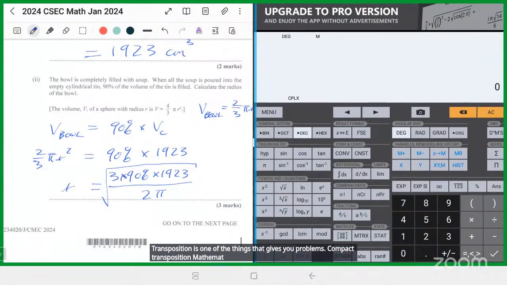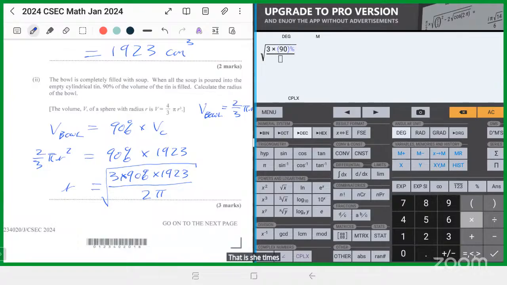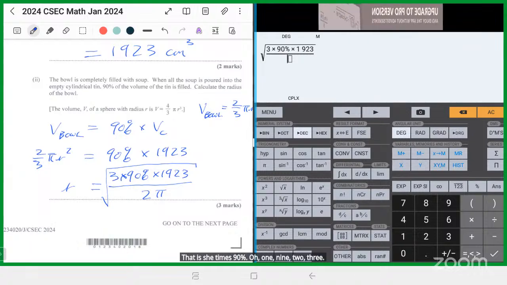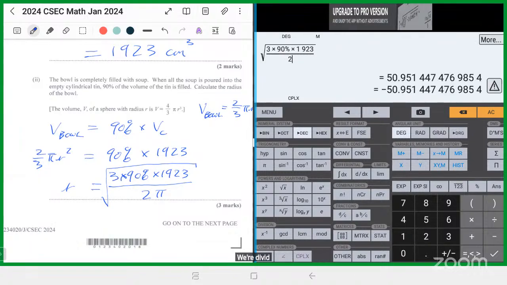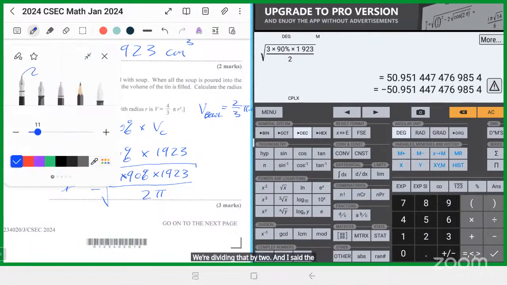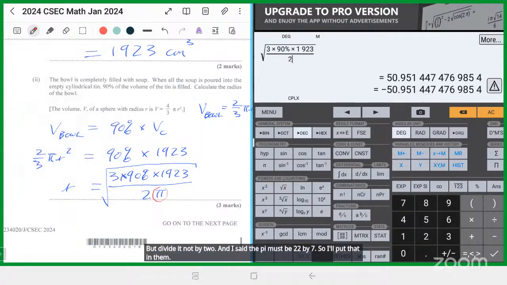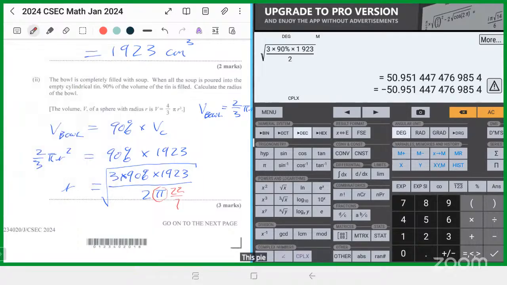So we're going to do the square root of a fraction that is 3 times 90% of 1923. We're dividing that by 2. And I said the pi must be 22/7. So I'll put that in. This pi is 22/7.